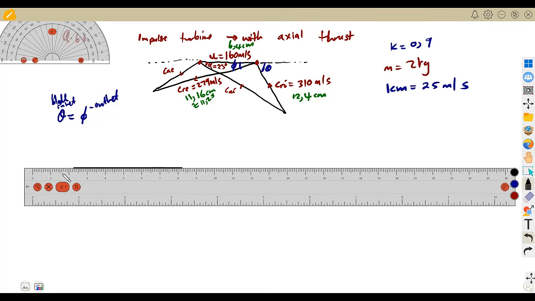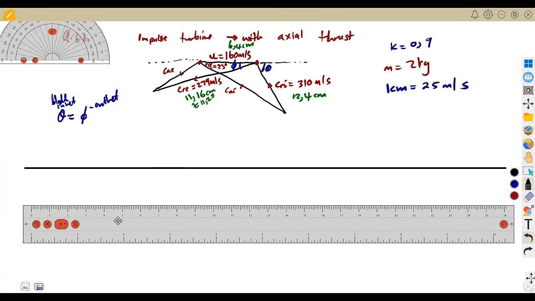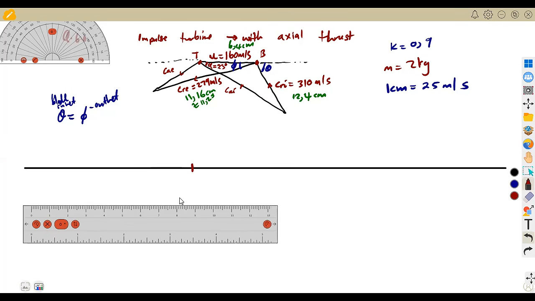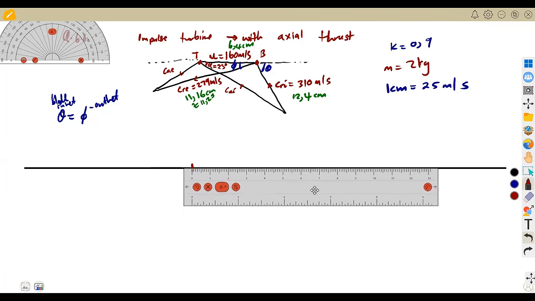Let us start from our reference line. From the reference line, you mark your starting point, to say I'm starting at this point up to this point. This is my starting point at the turbine and at the blade. From here, we have a distance of 6.4 centimeters, so you measure 6.4 centimeters with your ruler.